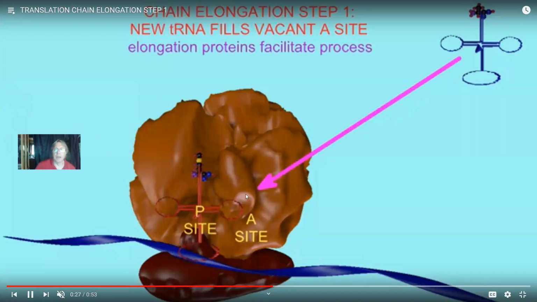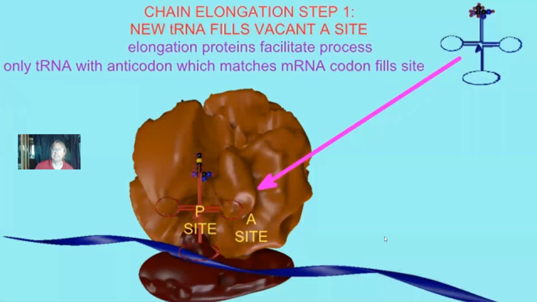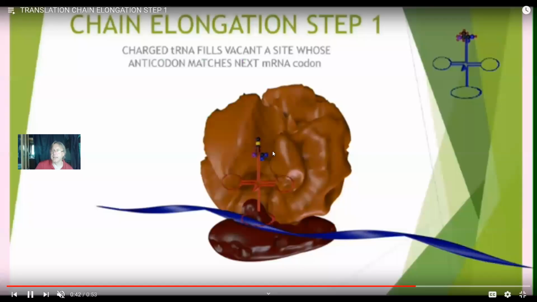Those codes are read at a structure called a ribosome. So ribosomes are very important parts of the cell. This is where proteins are made. This is where the code in the nucleotide order of the mRNA is converted into an amino acid order of the protein.